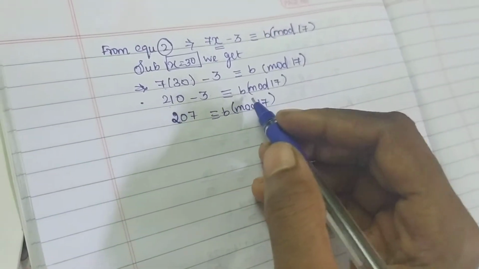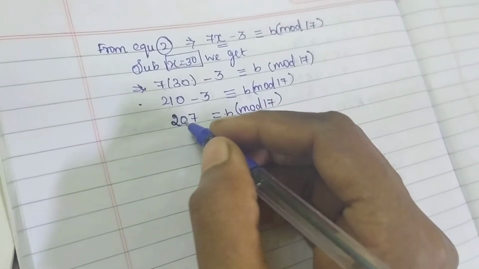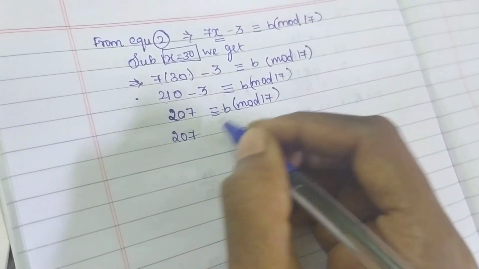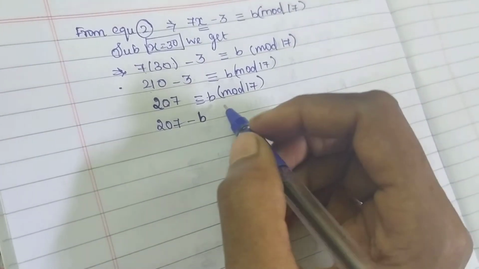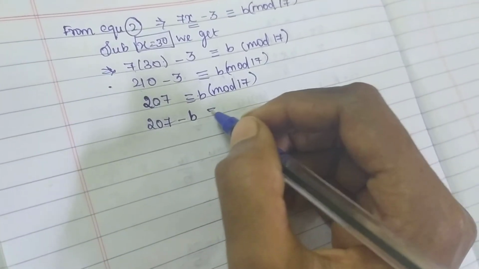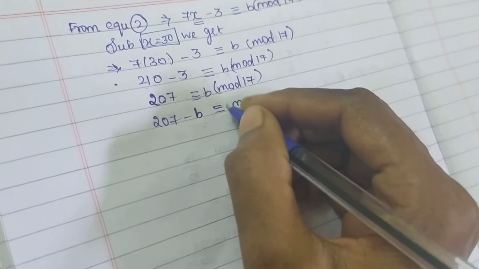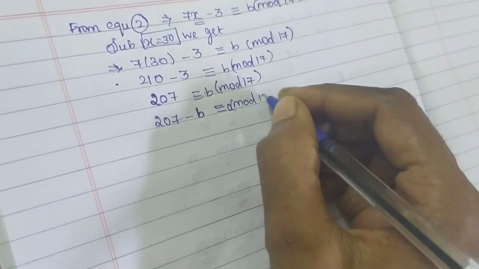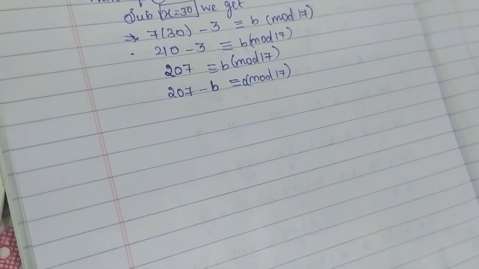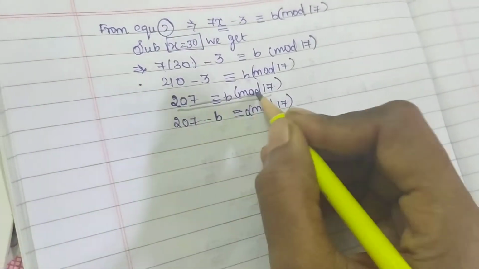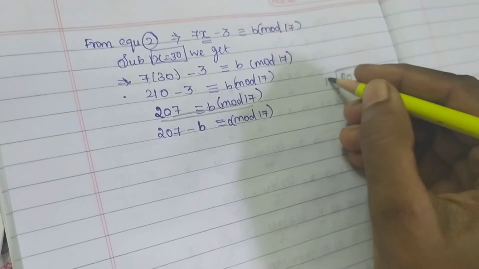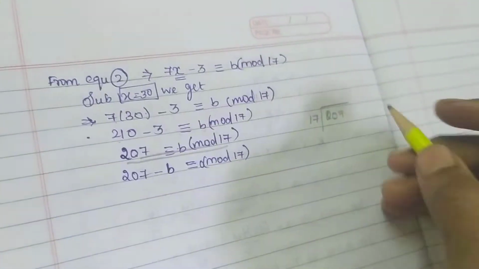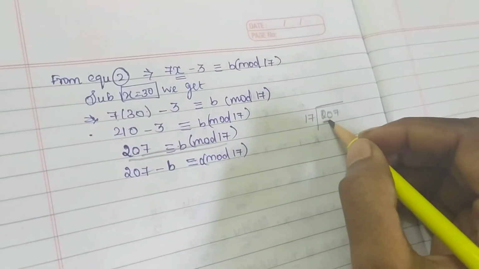Okay, so the normal format: 207 minus your b value is congruent to 0 mod 17. If you have it like this, you can divide 207 by 17. In the 17 table you can divide, so I take 2 digits.